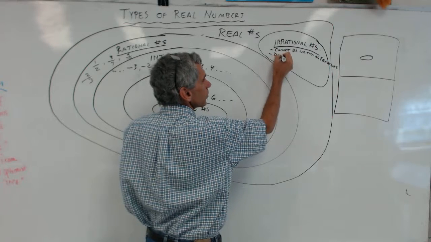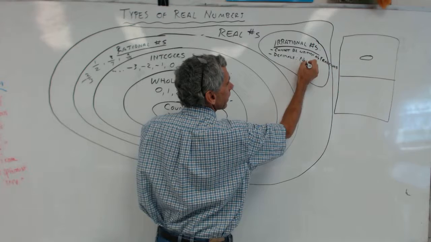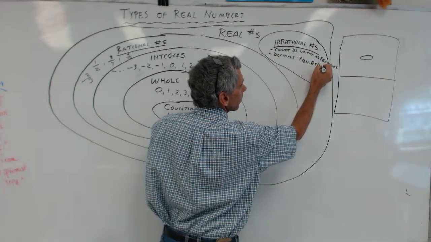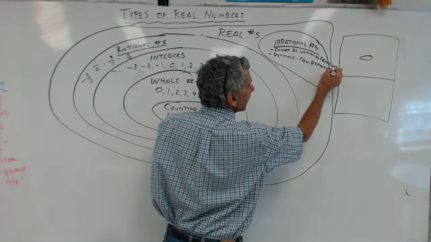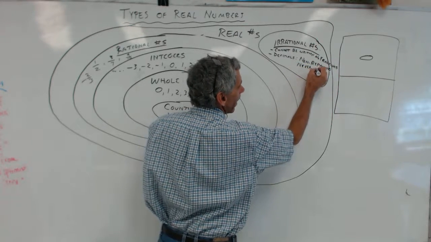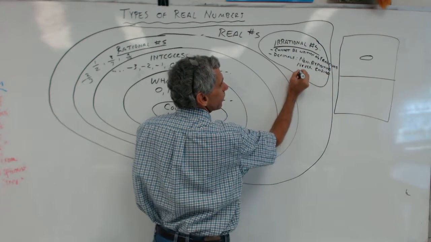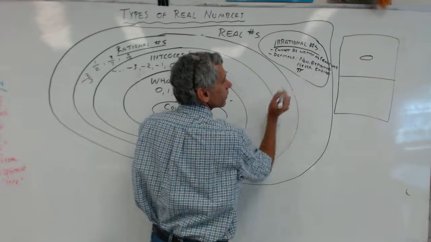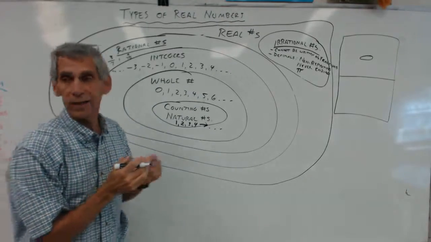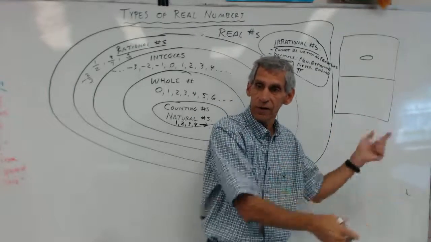And then also, if they have decimals, it would be non-repeating and never ending. So pi is a perfect example. Examples would be pi, right? Pi is 3.1415 and it goes on forever, never, never ending.